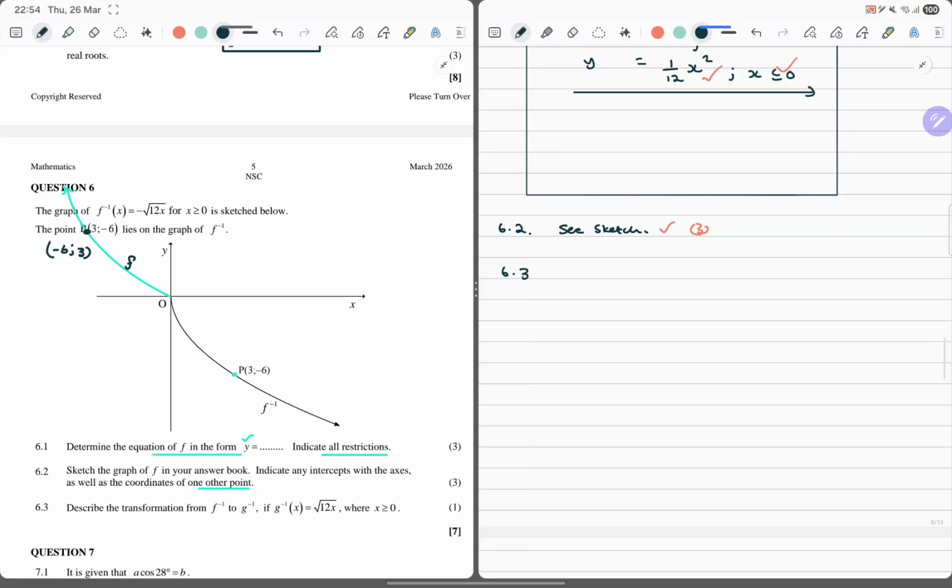6.3 says, describe the transformation from f inverse to g inverse if g of x is the positive square root. So obviously we just reflected it vertically. That's a vertical reflection, so that the graph appears on the other side, like so.